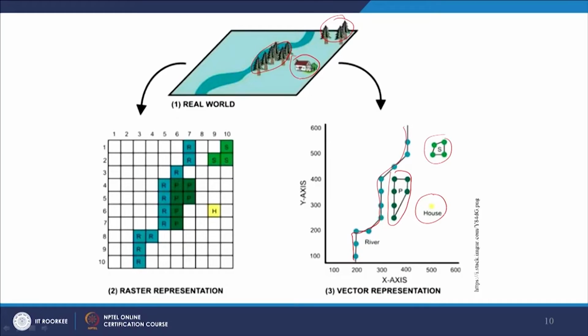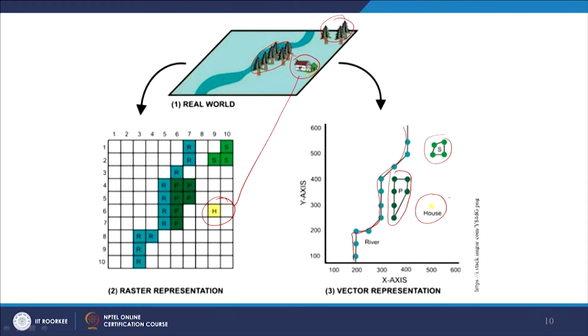If I have to represent the same real world through the raster model, then the representation is going to be completely different. For example, for the house, this house is now occupying an area. If the resolution is 1 meter by 1 meter or 2 meter by 2 meter, then at 2 meter resolution this house is being represented as a 4 square meter area.